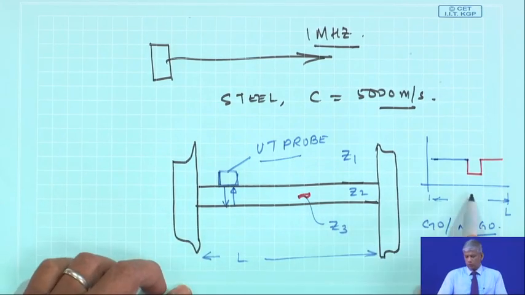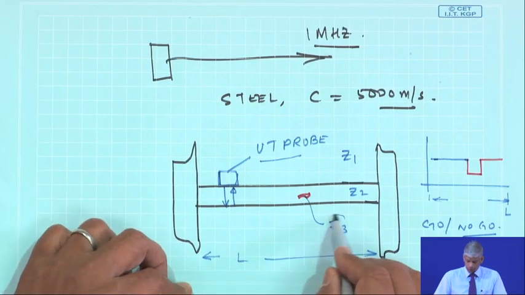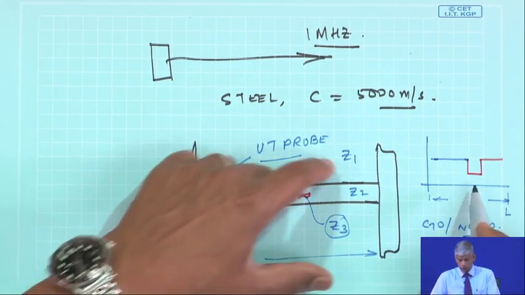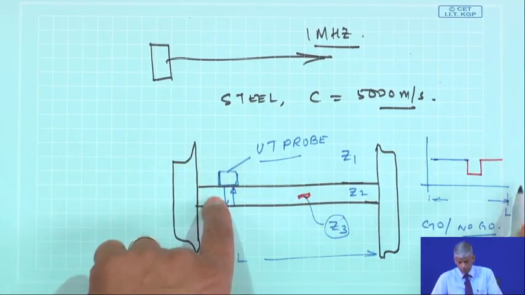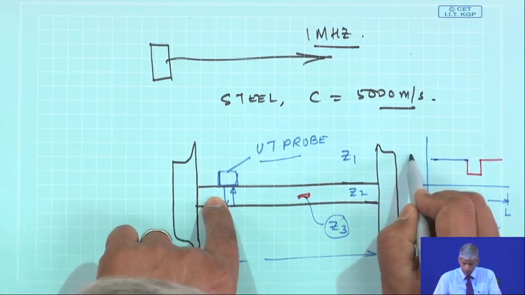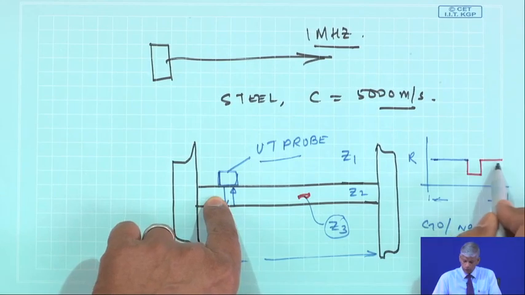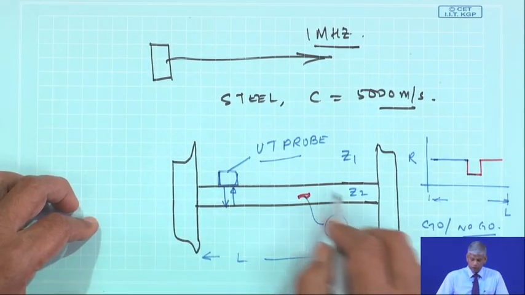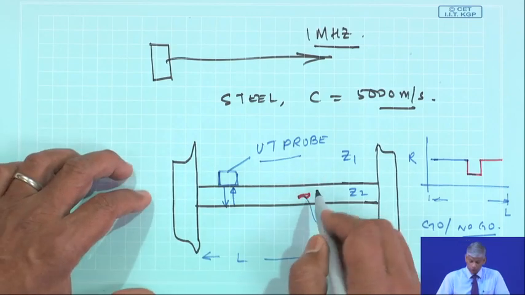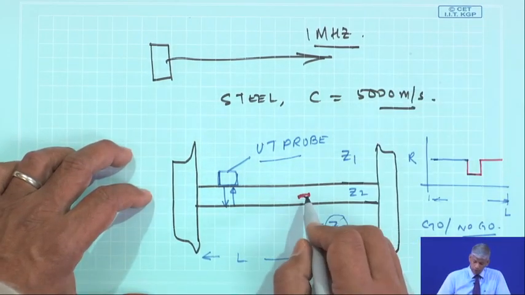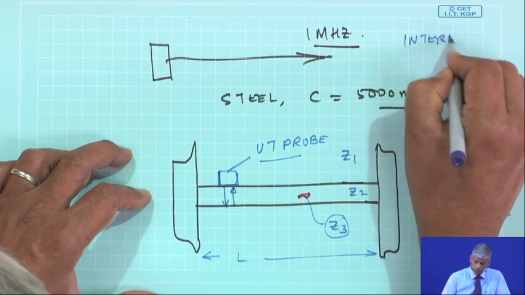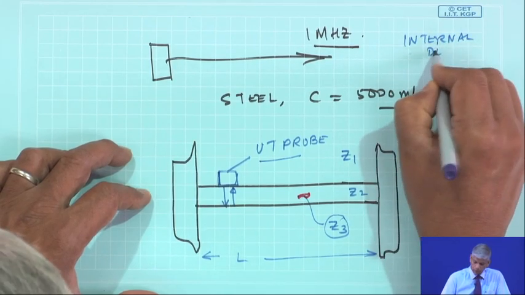Something is foreign, because of Z3, I do not know what it is, but something is abnormal. It has to be uniformly Z2, reflected wave because of Z2, but here this is because of Z3. Okay. Such ultrasonic scans are used to find out internal defects in structures.